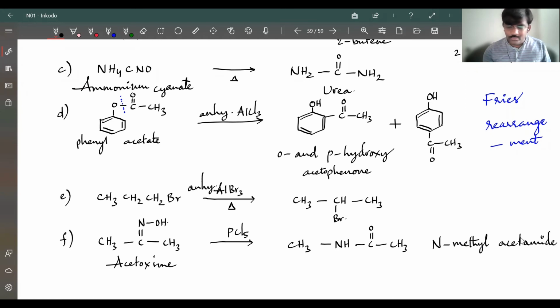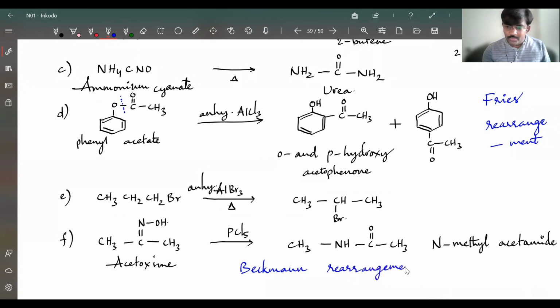Oxime converted into amide. So there also just a simple rearrangement has taken place. This particular reaction is called the Beckmann rearrangement.